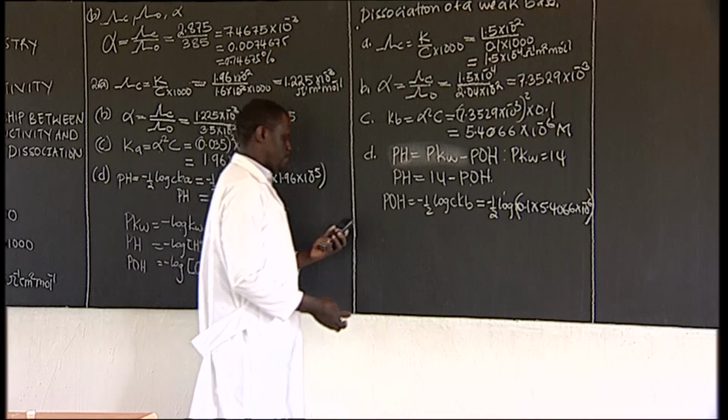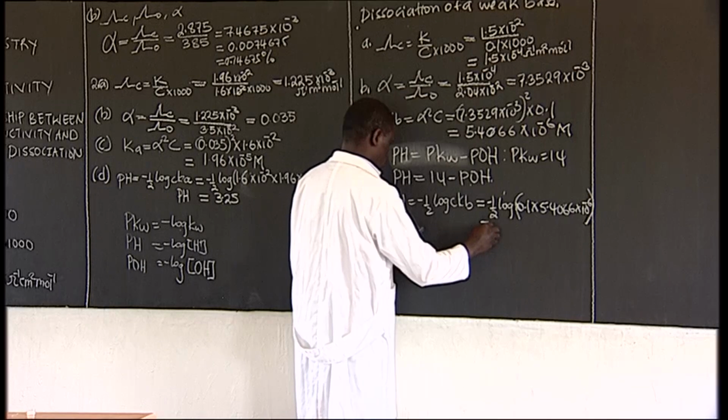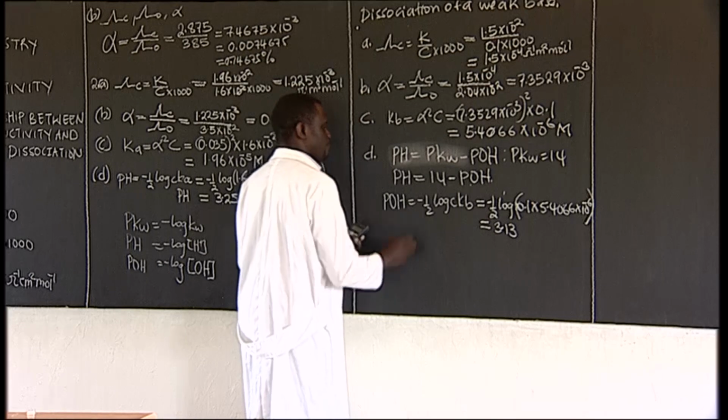So our value will equal 3.13. So that is our pOH.